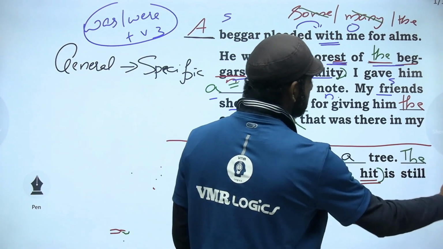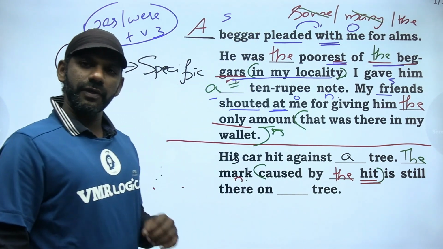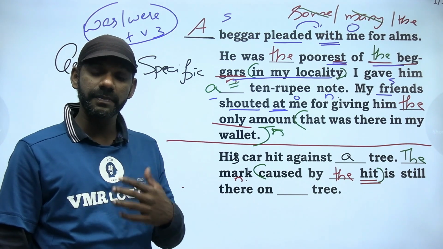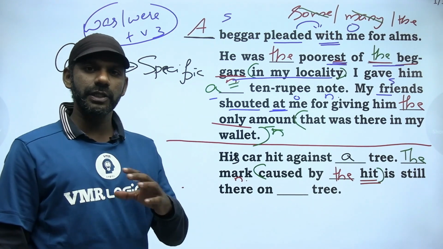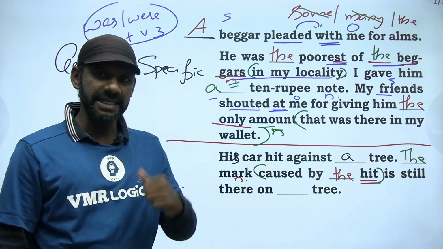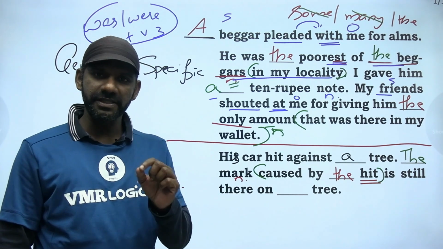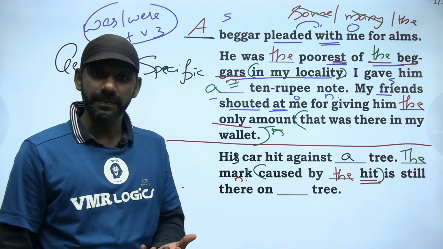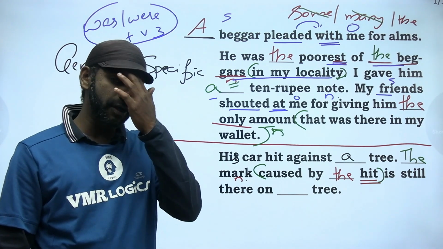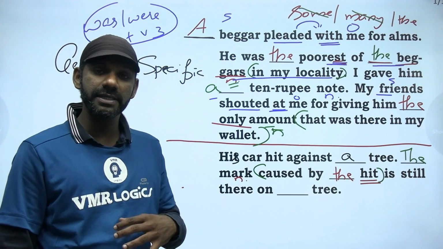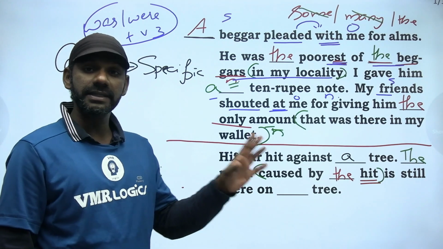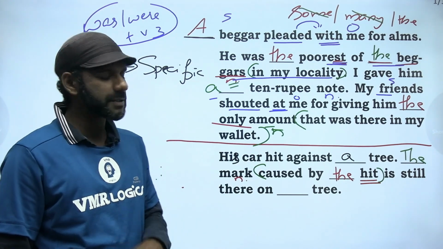If you are talking about a specific mark, it must be caused by a specific hit. We cannot talk about a specific mark caused by any hit. Similarly, a specific hit must cause a specific mark. A specific hit cannot cause any mark. So the mark caused by the hit, only then the sentence makes sense.